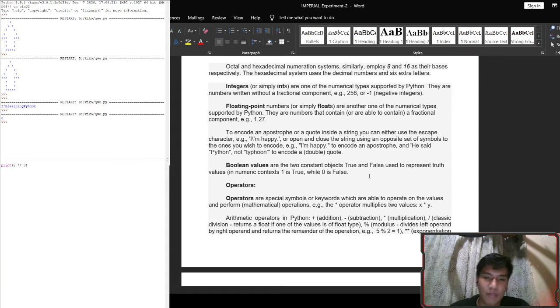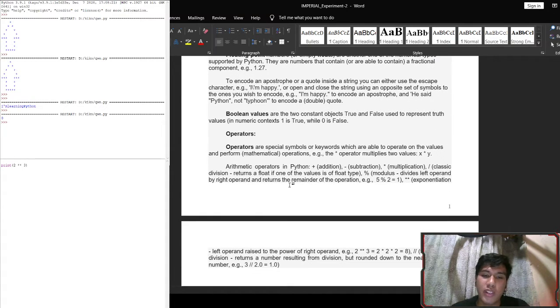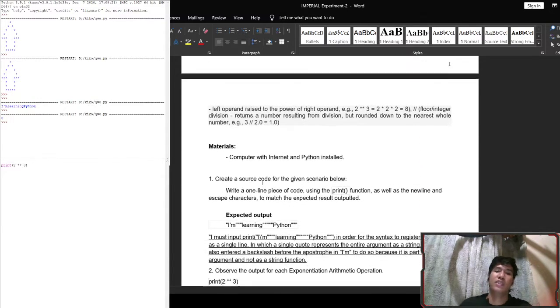Boolean values are the two constant objects, True or False, used to represent truth values. Operators are special symbols or keywords which are able to operate on values and perform operations.